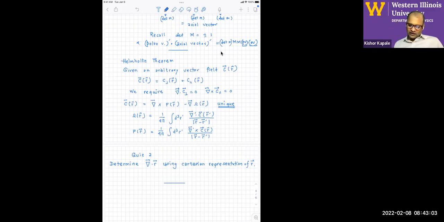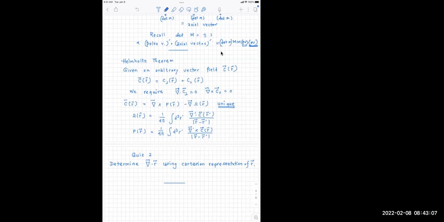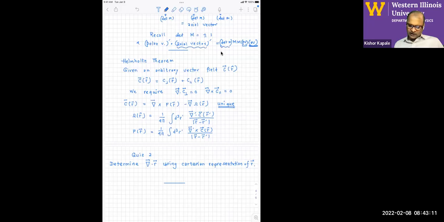Because only this one, when you transform it, the actual vector looks like the determinant M, one of the M's, and the actual vector in the unprimed coordinate system. And the polar vector transformed just like the M and the polar vector. So you only have an odd power.